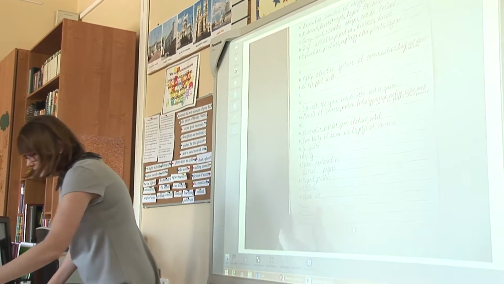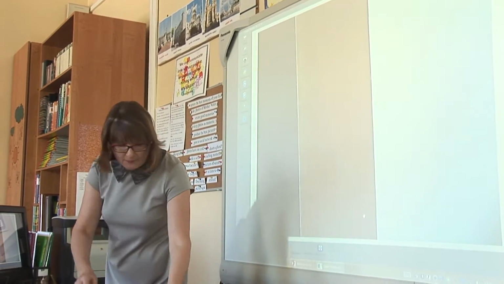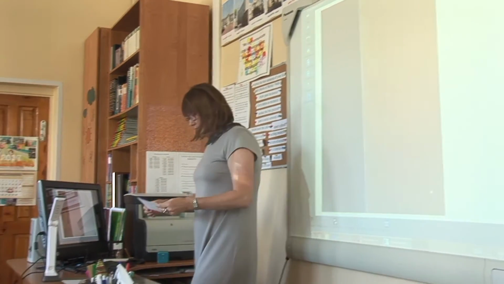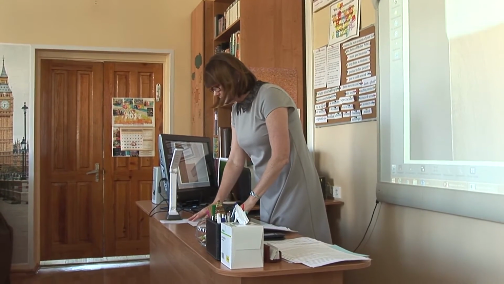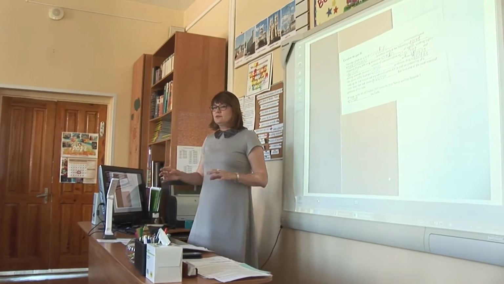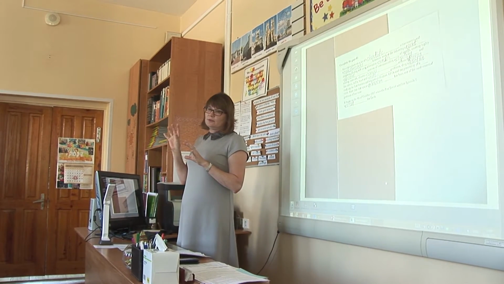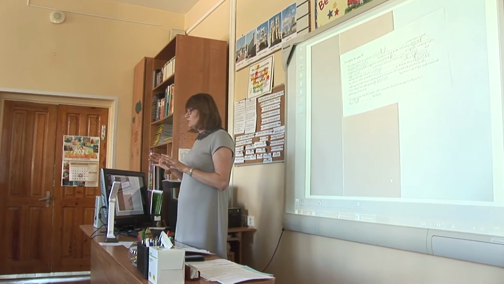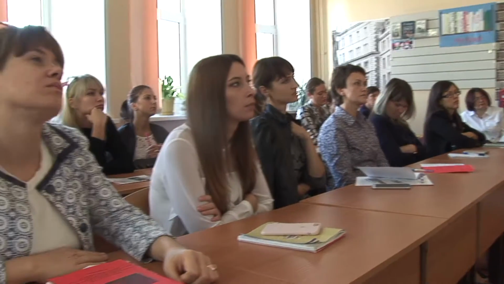Then we can also use the cloze procedure or gapped texts. Again, they are given different texts concerning this topic, science and technology, and their task is to complete the text with the verbs, but there is a clue for them here, so the first letter of the word is given.